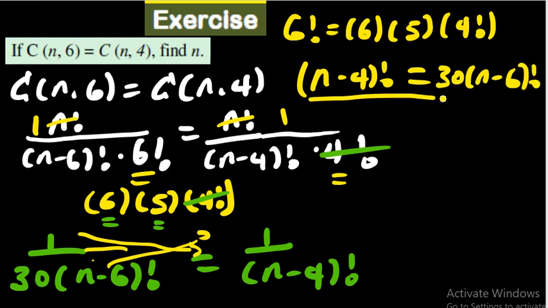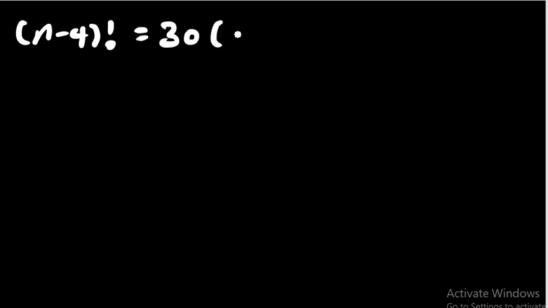So let us take this to another page and solve. What did we have? (n minus 4) factorial is equal to 30 times (n minus 6) factorial.